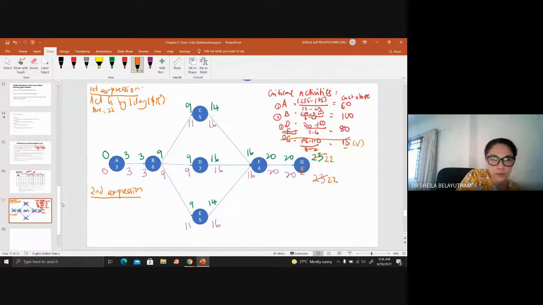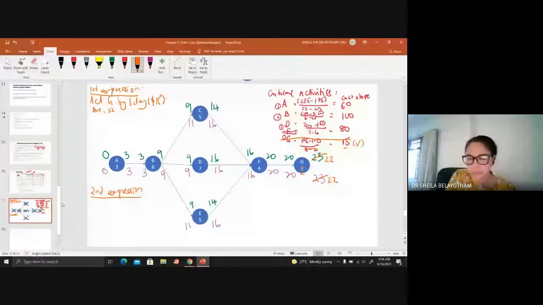Your second compression could be based on the lowest cost from here. If you look into this, your lowest cost will be activity A. So check if you reduce activity A's duration, will it reduce the total project duration? If you reduce A to 2, it will reduce the total project duration, right? It will affect everything here.